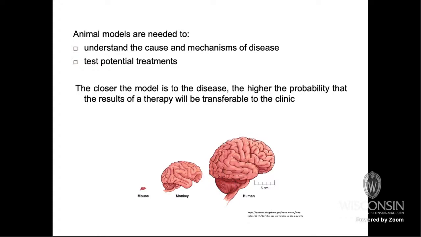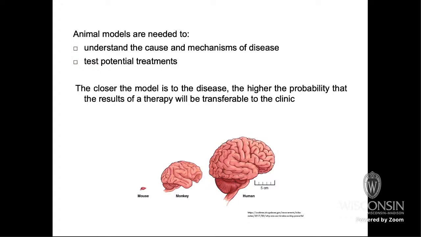But animal models really allow us to get a more detailed snapshot of different phases of diseases as they are occurring, rather than waiting for things to present and be found in the clinic. And they also allow us to do some more investigative treatments and to see what actually might be able to intervene in the mechanisms as they're occurring. And also, the closer the model is to the disease, the higher the probability that the results of that therapy are actually going to transfer to the clinic.